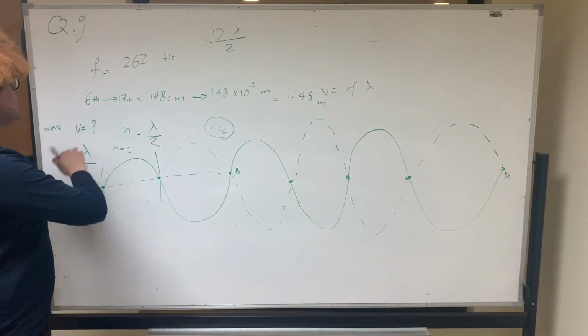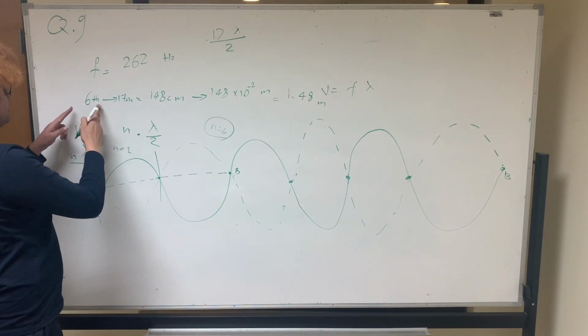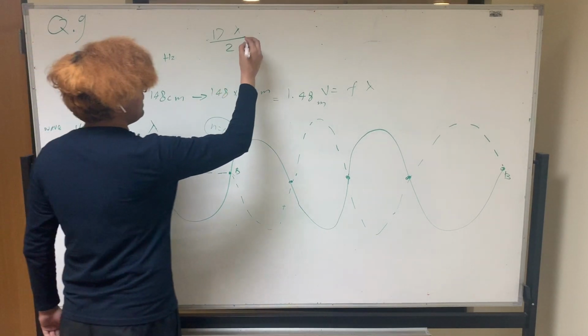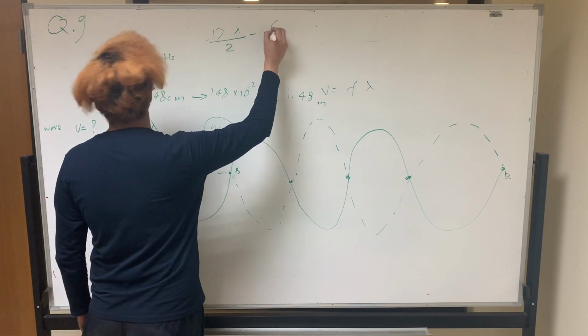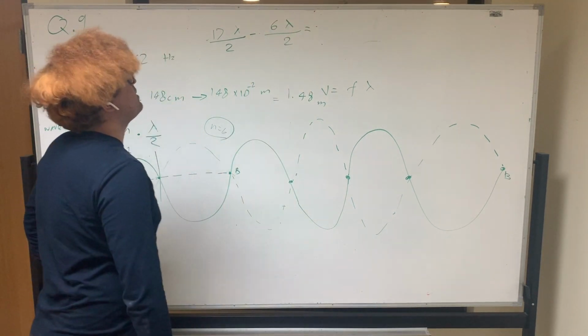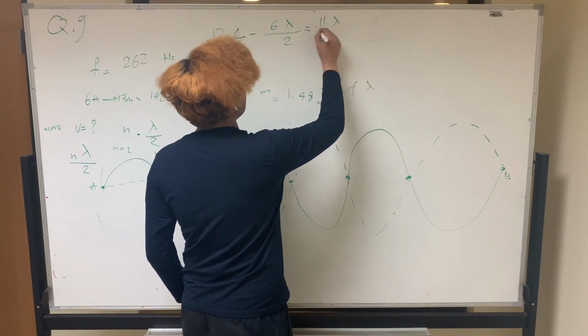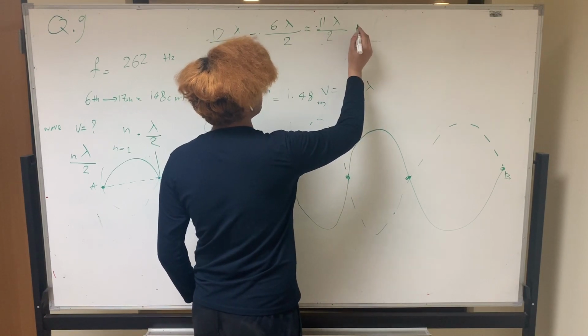And then we could subtract from it our string length when the harmonic number is 6. So that's going to be 6 times lambda over 2. And if you do a little bit of algebra, you'll be getting 11 lambda over 2.